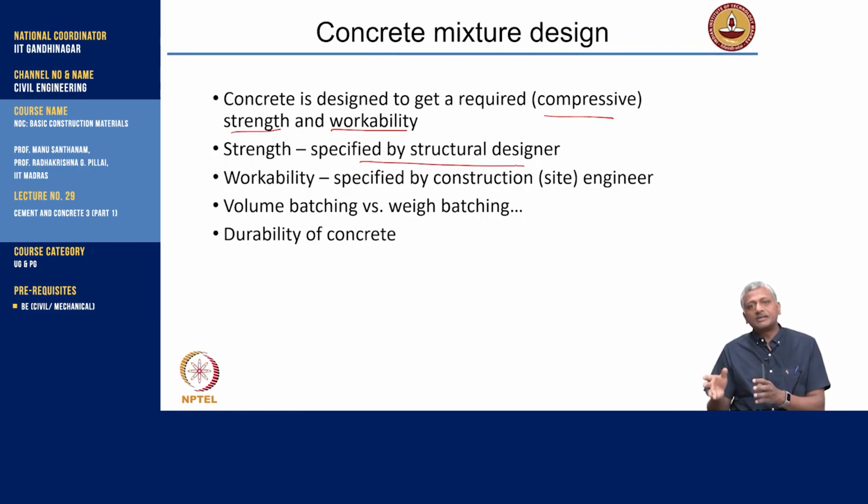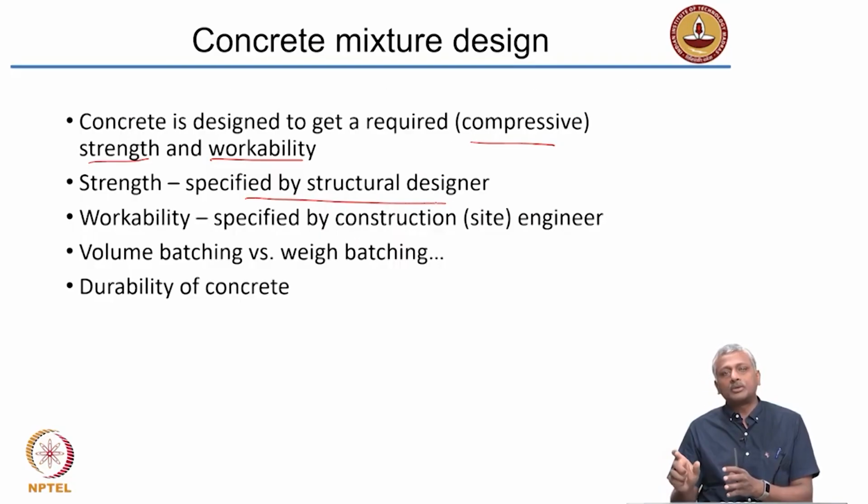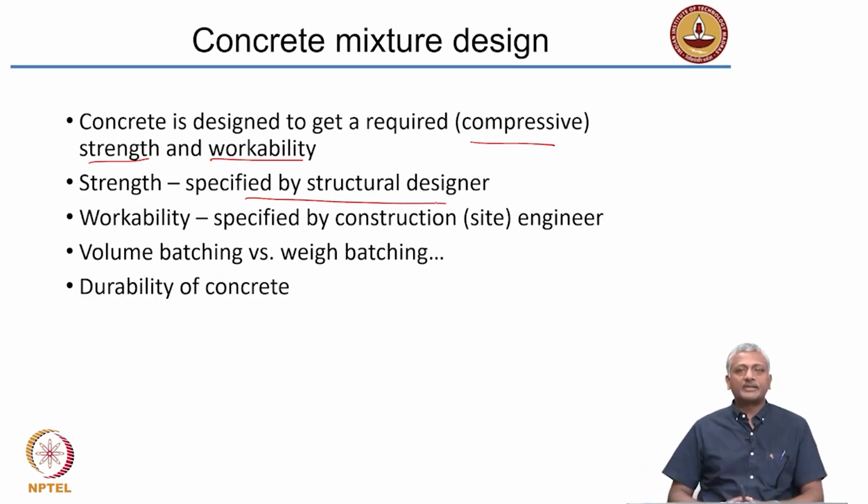Okay, in design, certain material properties need to be attributed to the ingredients involved like concrete and steel. For steel, most often they will be specifying something called the yield strength. Concrete on the other hand, the structural designer will say, I need to have a concrete of a certain compressive strength. Okay. Now, this compressive strength is specified by the structural designer, but it has to be ascertained by the person who is supplying the concrete for the job site.